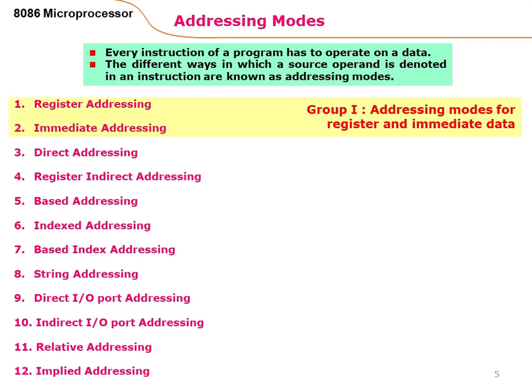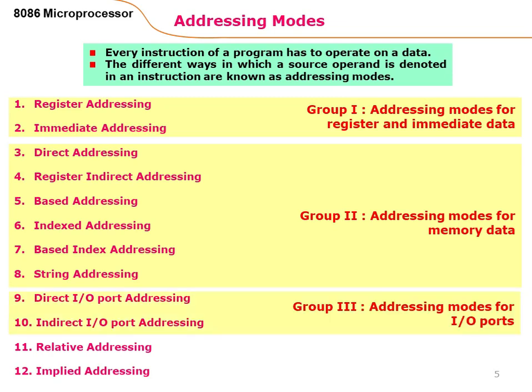The first group is addressing modes for register and immediate data, which includes register addressing and immediate addressing. The second group is addressing modes for memory data, which includes direct addressing, register indirect addressing, based addressing, indexed addressing, based index addressing, and string addressing. Group 3 is addressing modes for input-output ports.